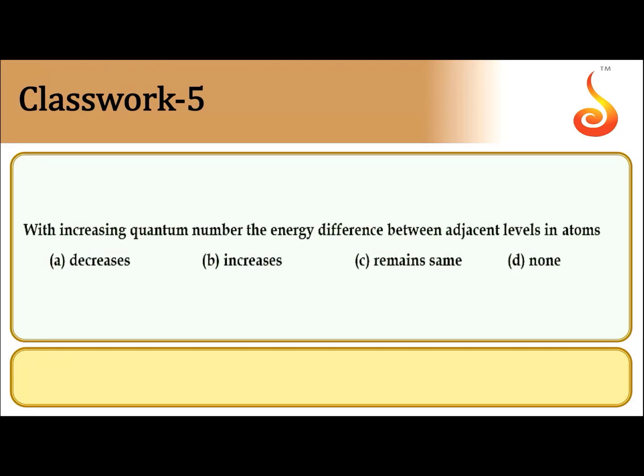Example 5. With the increasing quantum number, the energy difference between the adjacent levels in atoms. So this is the ground level, and this corresponds to n is equal to 2.